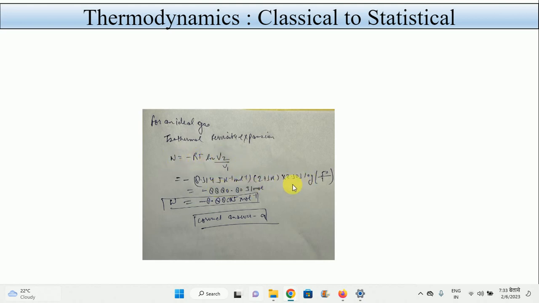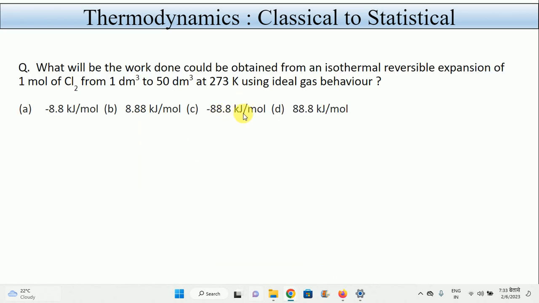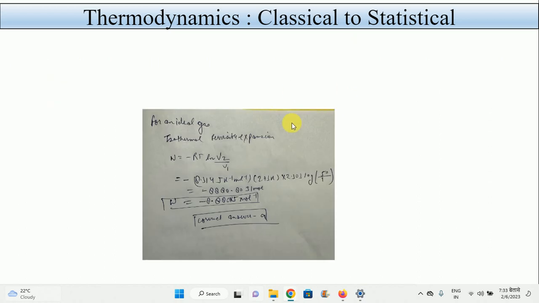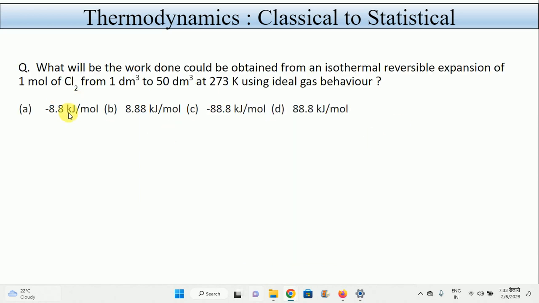Since the answer is in kilojoule per mole, we are using R as 8.314 joule per Kelvin per mole, and then we will convert joule into kilojoule in the last step. Temperature is 273, and the conversion factor for ln to log is 2.303. By solving this, we get the answer, and it matches with A, minus 8.8 kilojoule per mole.